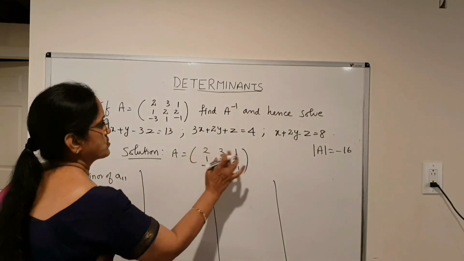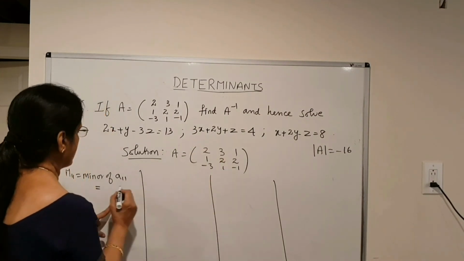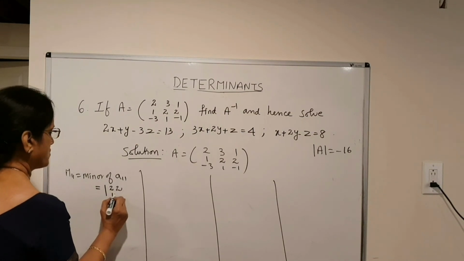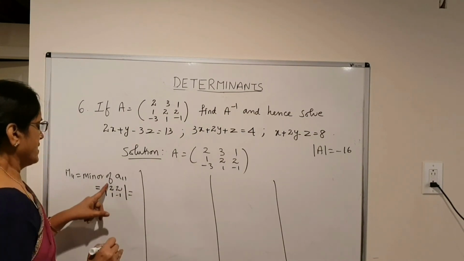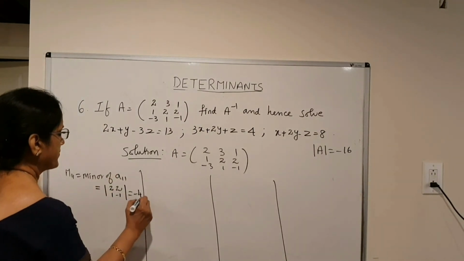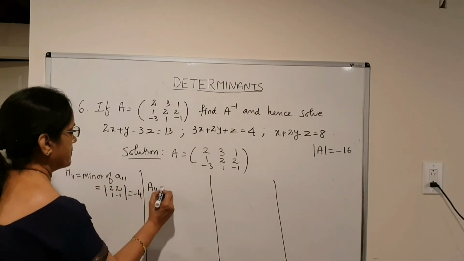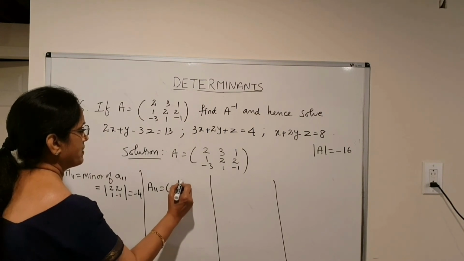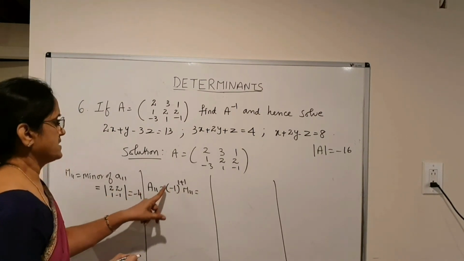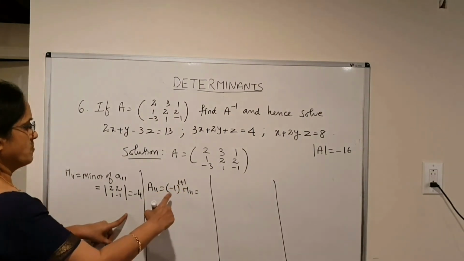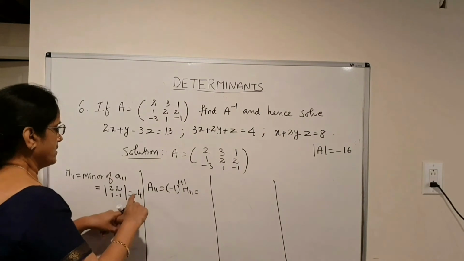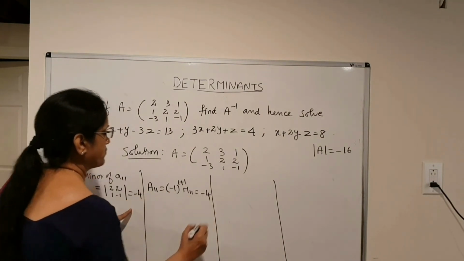So leaving the first row and first column, I have the determinant 2, 2, 1, minus 1, which is going to be minus 2, minus 2, which is minus 4. So the corresponding cofactor will be minus 1 to the power 1 plus 1 into M11, because both i and j are 1 here. So minus 1 to the power 2, that is minus 1 the whole square, is 1 into minus 4, it is going to be minus 4.